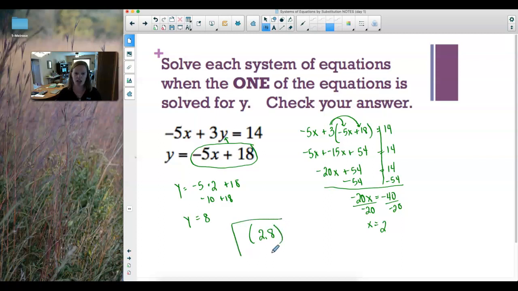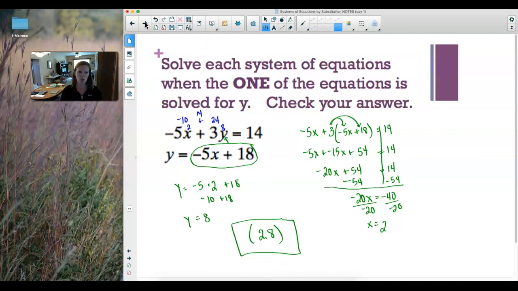Now we can check just to make sure that that also works in the first equation. If x is 2 and y is 8, this is going to be negative 10 plus 24, and negative 10 plus 24 is 14. So it does work. So my answer is 2, 8.